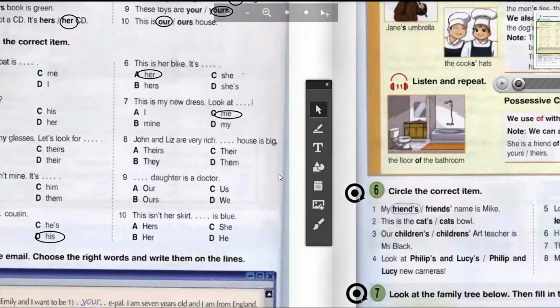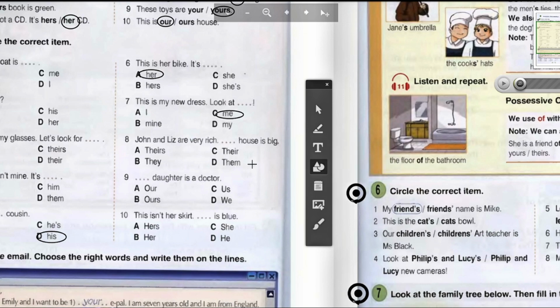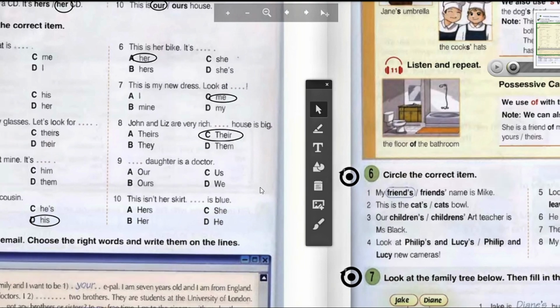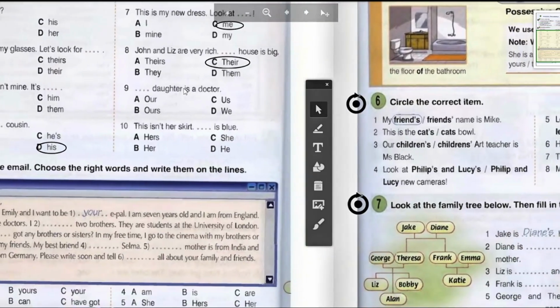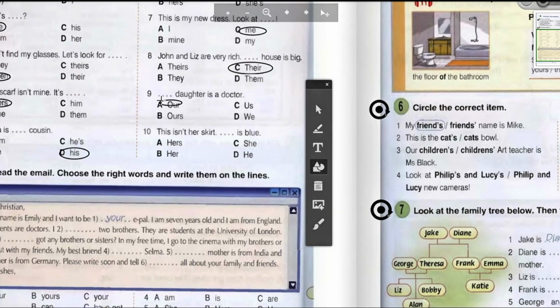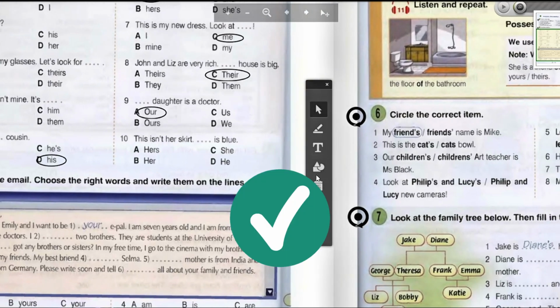John and Liz are very rich. Their house is big. Our daughter is a doctor. This isn't her skirt. Hers is blue.